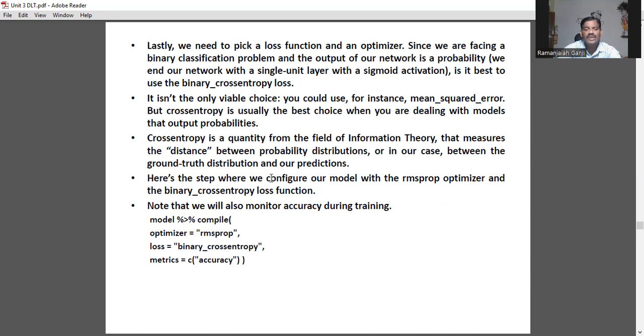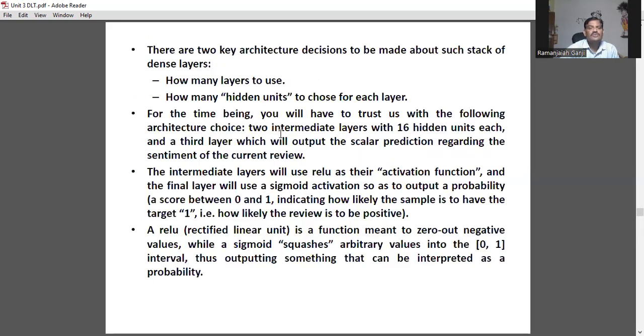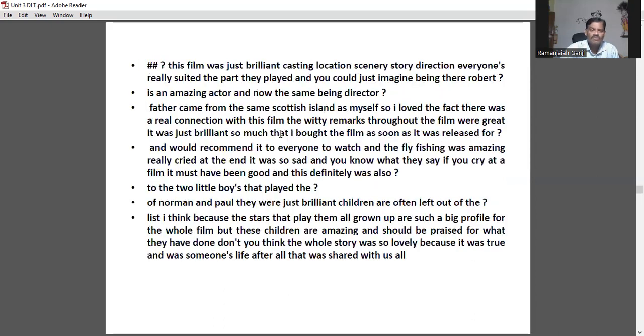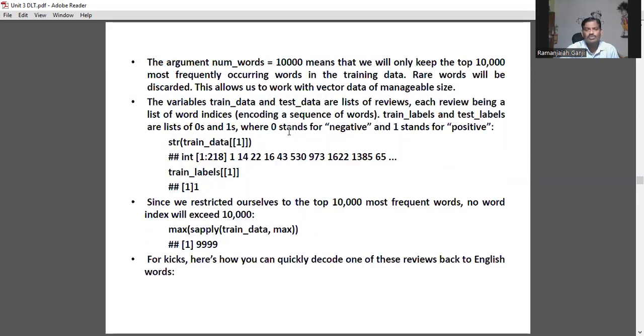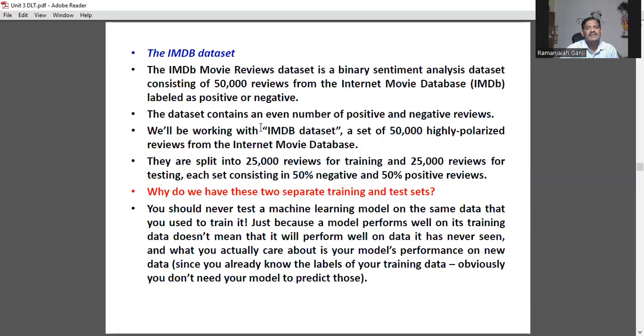In the case of movie reviews, we have taken the Internet Movie Database with 50,000 reviews. Whereas newswire has a number of classes. In the case of binary, it is only positive or negative, but with newswire we have multiple classes. So how to validate, how to prepare the data, how to build the model, and everything.